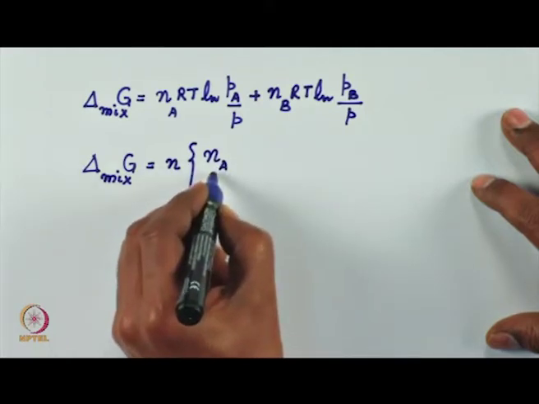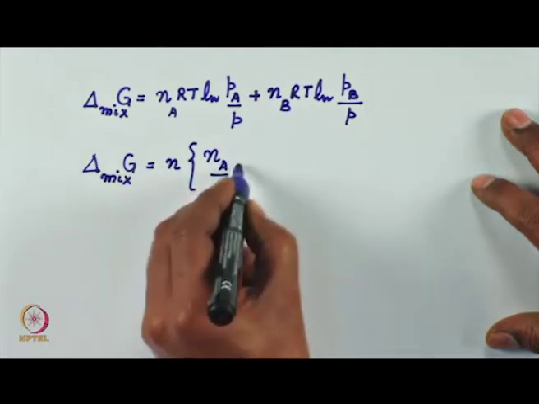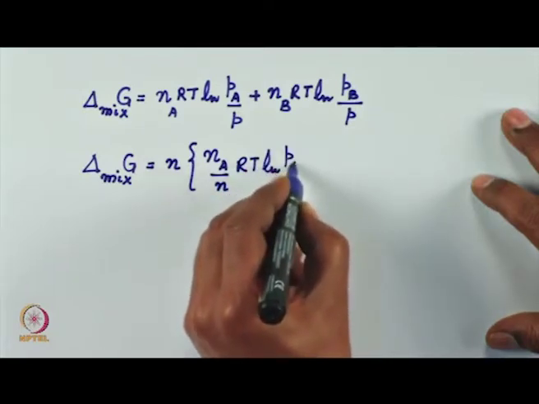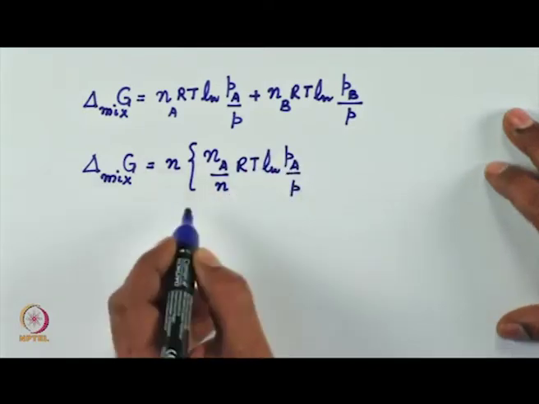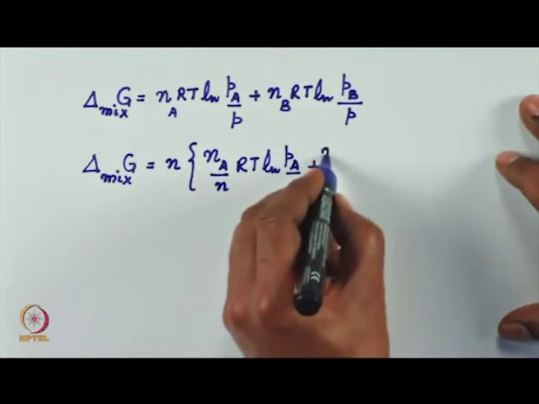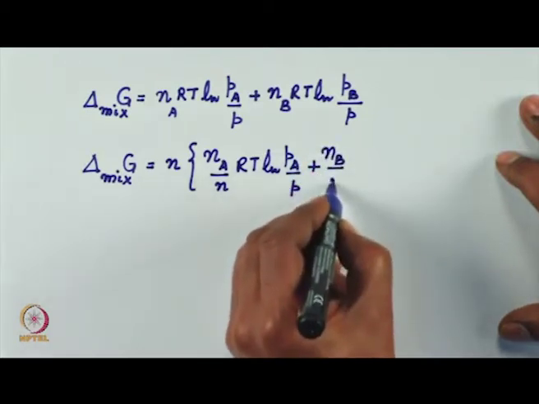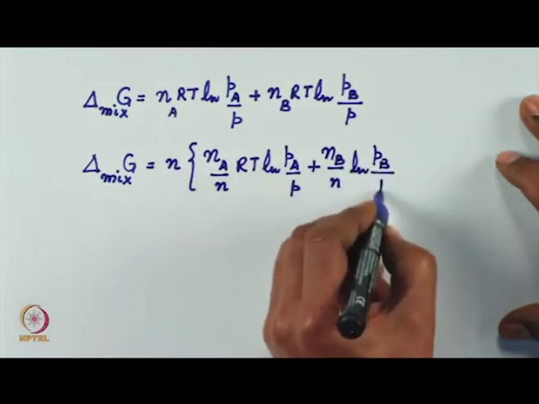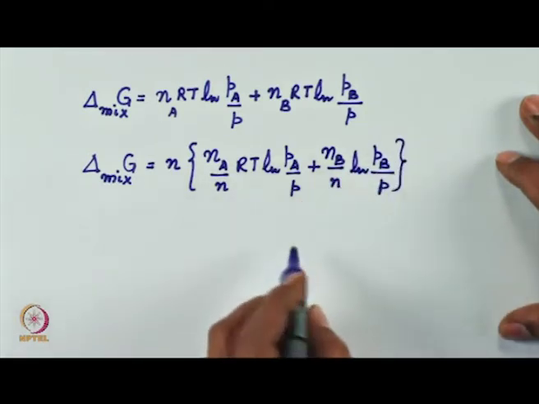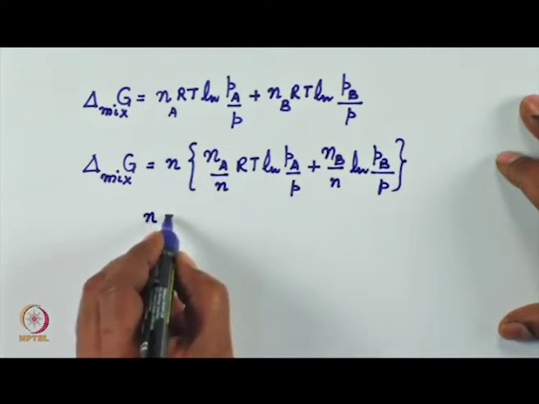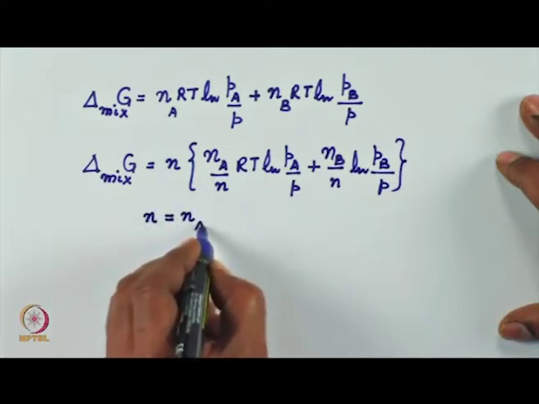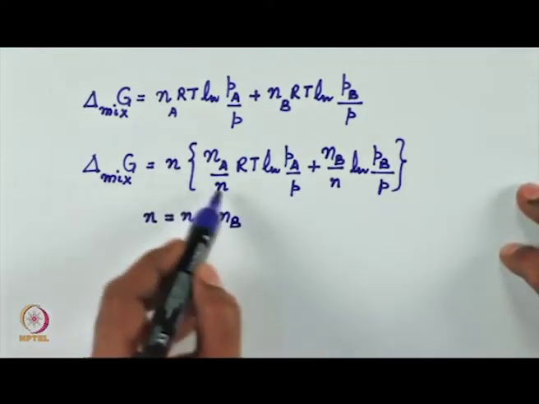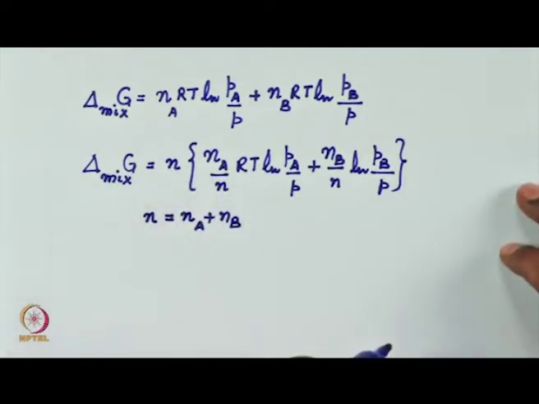Na by N RT log Pa by P plus Nb by N log Pb by P. What I have done is N is the total number of moles, which is Na plus Nb. I have divided and multiplied by the same number.